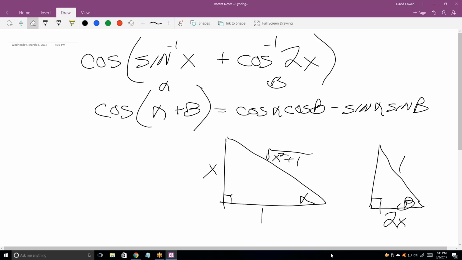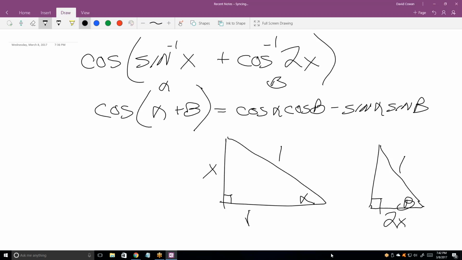You didn't give me the bad answer. 1 goes there, right? Which makes this the square root of 1 minus x squared. Now we're correct. And what's the side opposite beta over here?